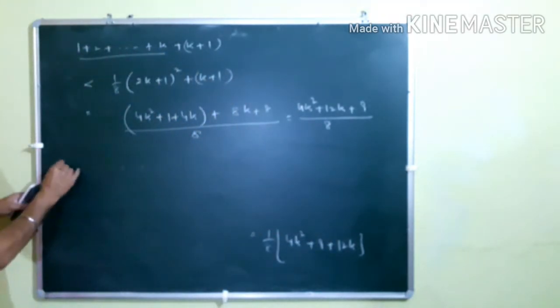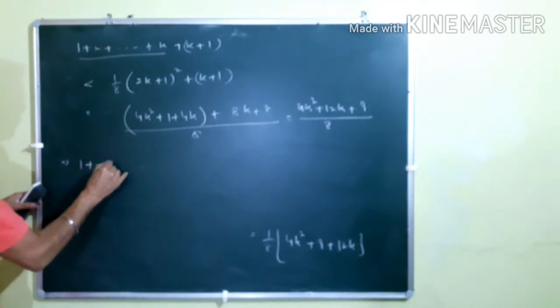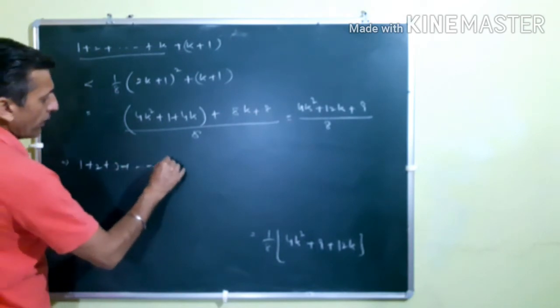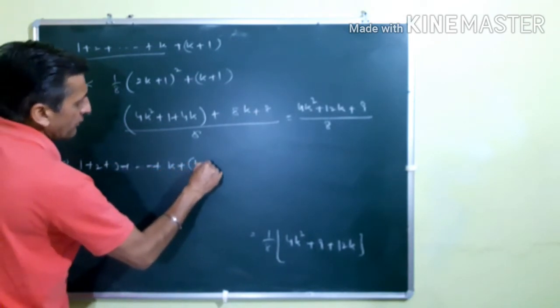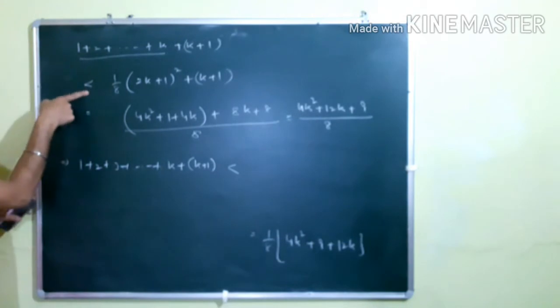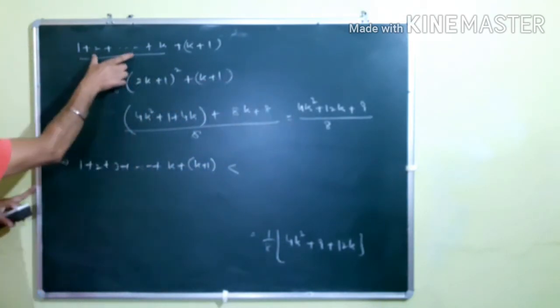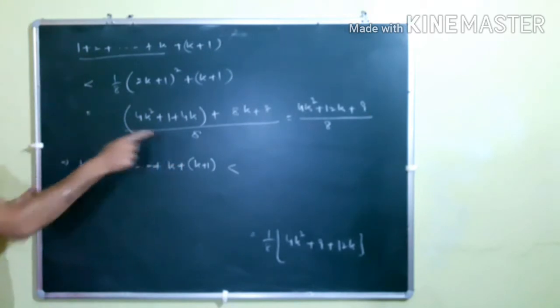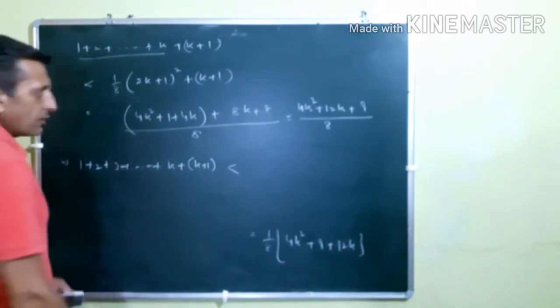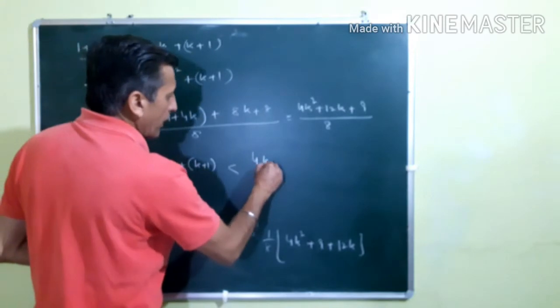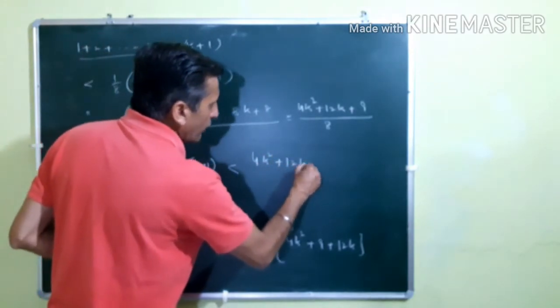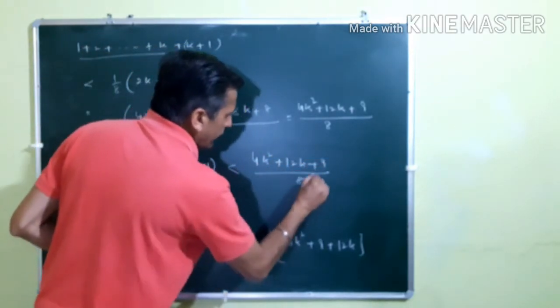So this term can be written as 1 + 2 + 3 + so on + k + the last term k + 1 is less than, because of this one. No doubt this term is equal to and this term is equal to, but ultimately inequalities are there, so that's why we have to write this inequality. So this is less than (4k² + 12k + 9)/8.